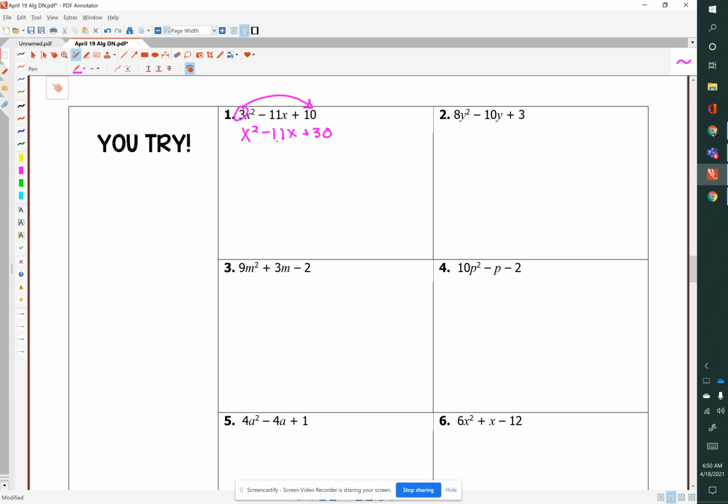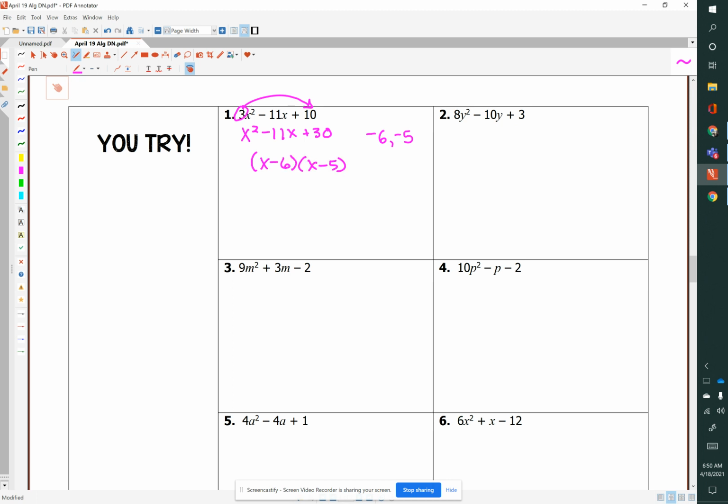Positive 30, negative 11x, I'm going to need two negatives. So that would be a negative 6 and a negative 5, because negative 6 plus negative 5 equals negative 11, and negative 6 times negative 5 multiplies to 30. So that brings me to x minus 6, x minus 5.